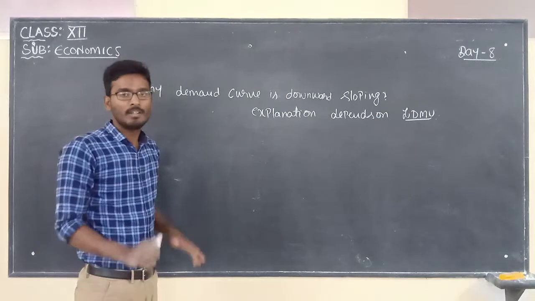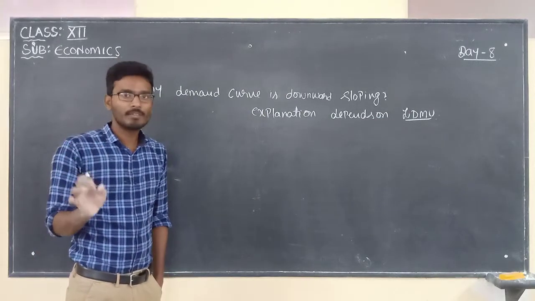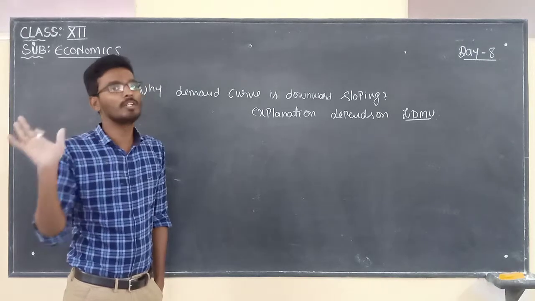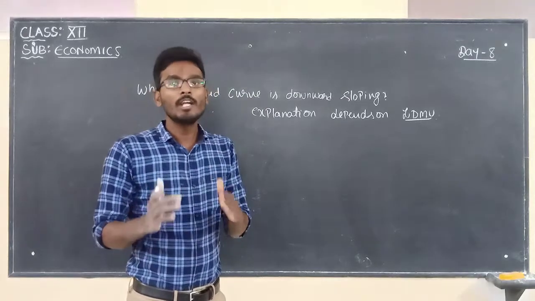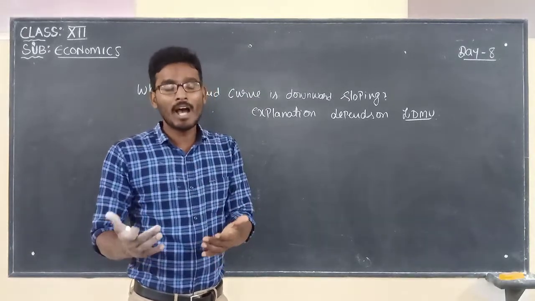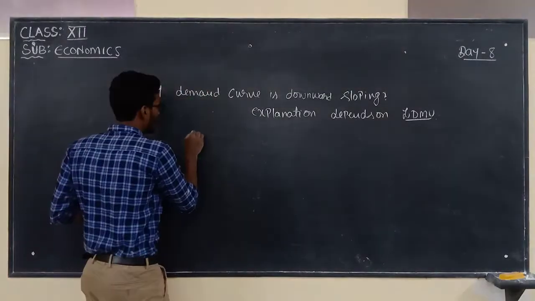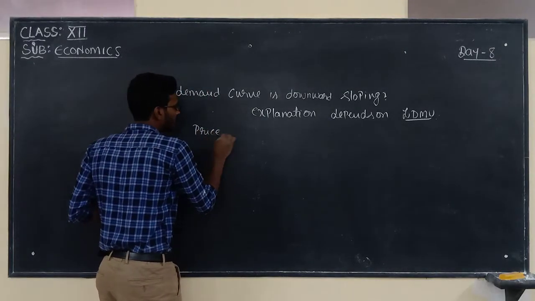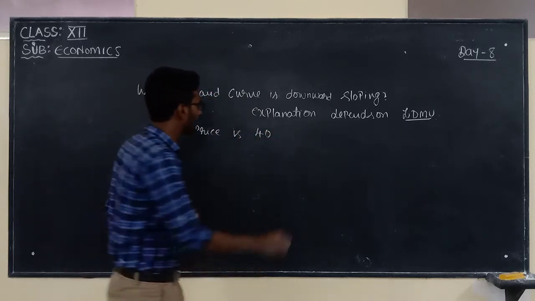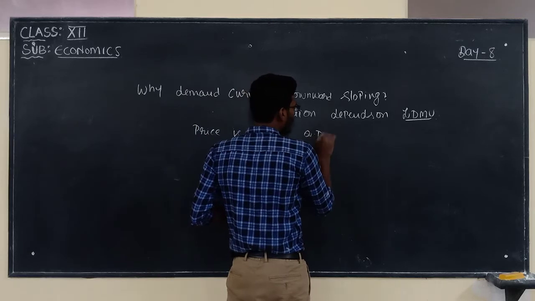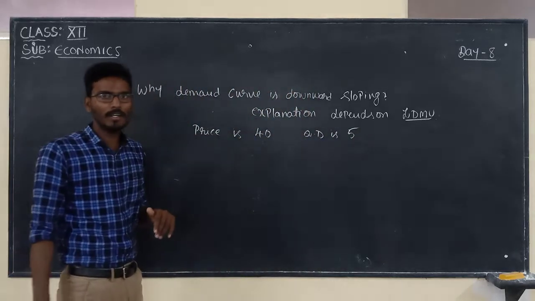Why? What is the reason? A consumer does not want to spend more money on an additional commodity. Very, very important, remember. Example: when the price is 40, the quantity demanded is 5.